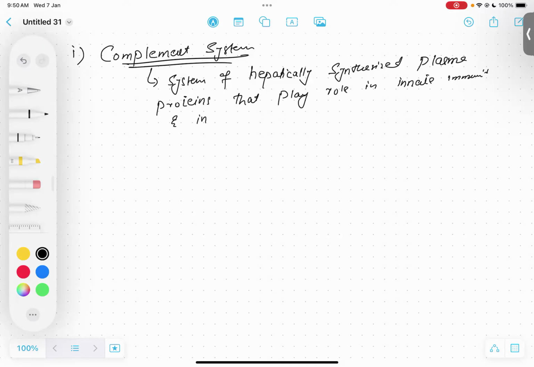So this is the definition of the complement system.